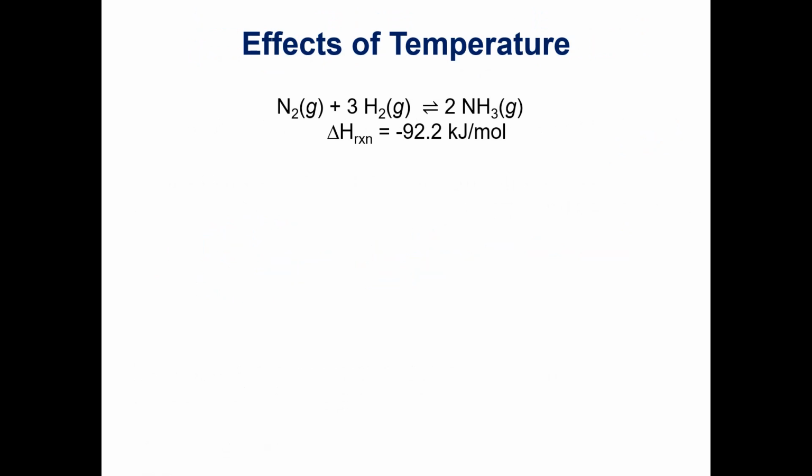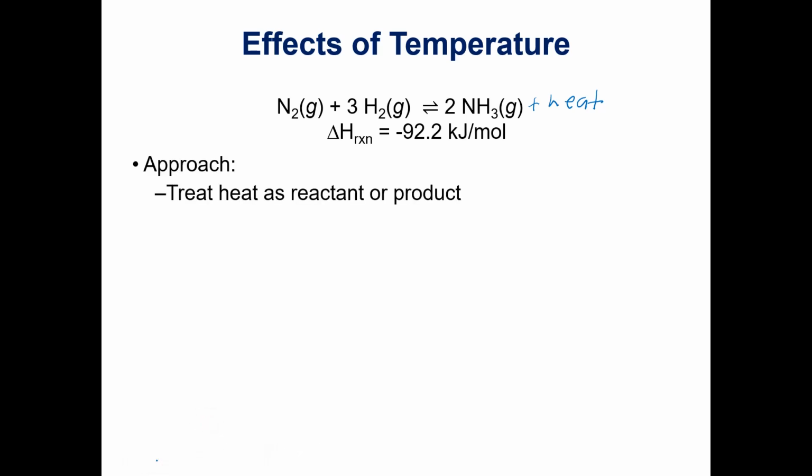So what if we have a change in temperature? In this case, we have a reaction that has a delta H of negative 92.2 kilojoules per mole. So if we think back to thermochemistry, a negative sign means that our reaction is exothermic. So I could essentially add heat as one of my products here, because this reaction is exothermic, it's going to release heat.